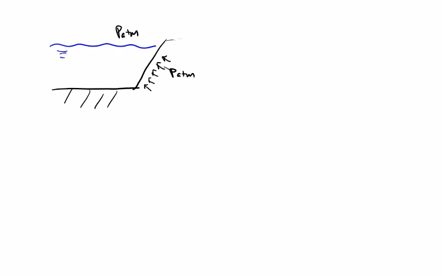If we break up this surface, the pressure on the surface looks something like this. Here is PATM, and then here is rho g HC, or rho g h. So you can see that it gets bigger as it goes down. On the other side of the surface, we also have PATM.